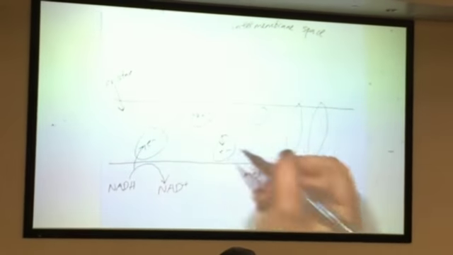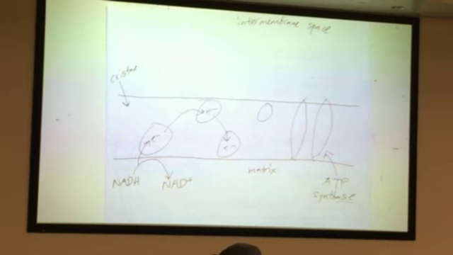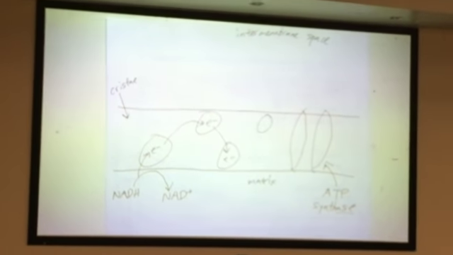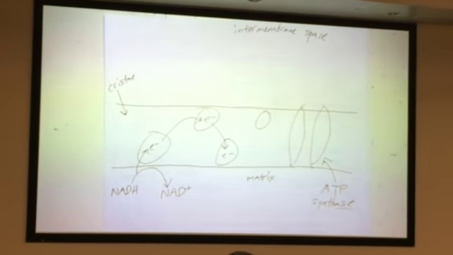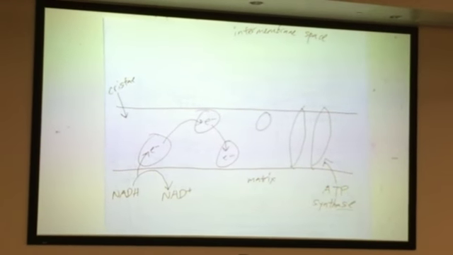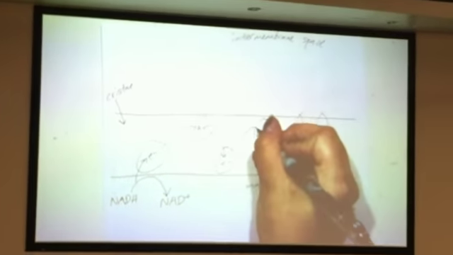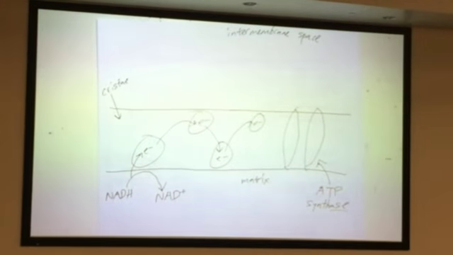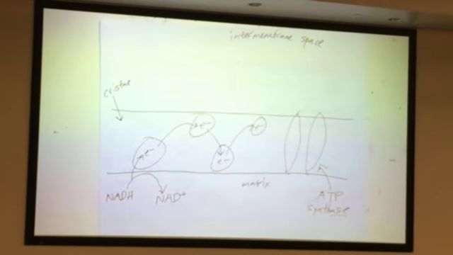So electrons show up here. They're going to bounce along. Now, the difference between what I'm telling you and what you're told in class is that you're told just hydrogen. I'm just telling you a little more, okay? It's actually electrons on the electron transport chain right here. So they're jumping across.